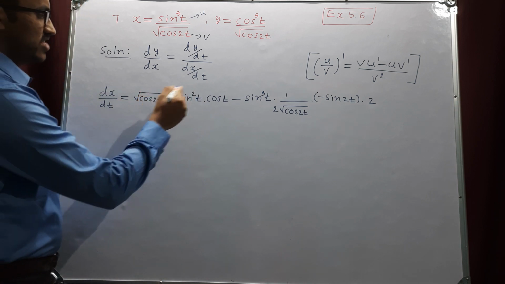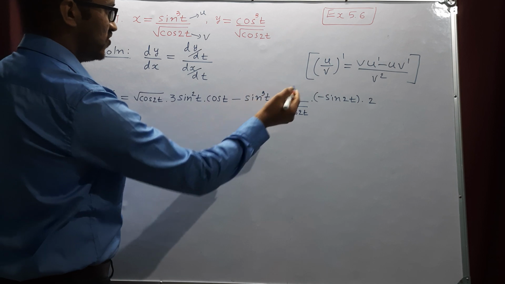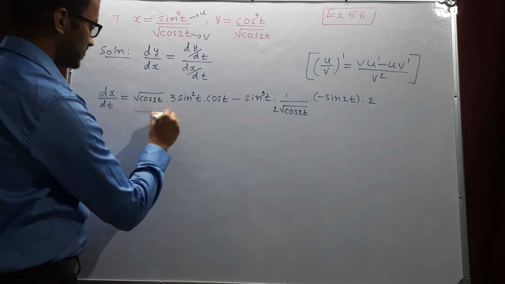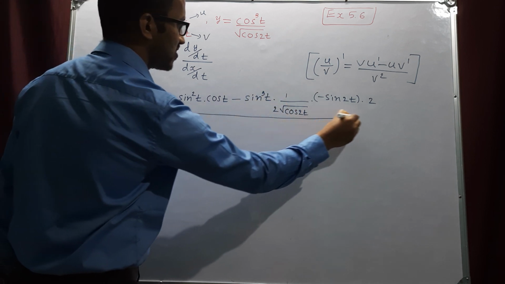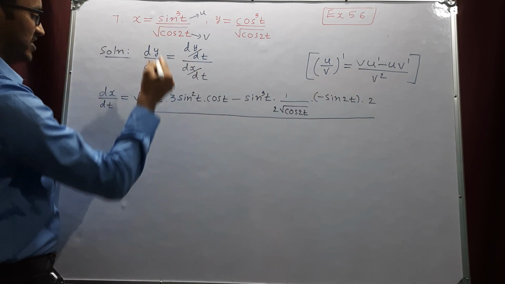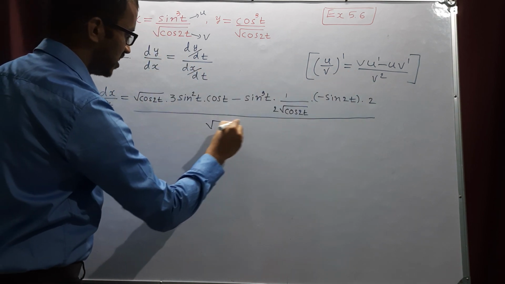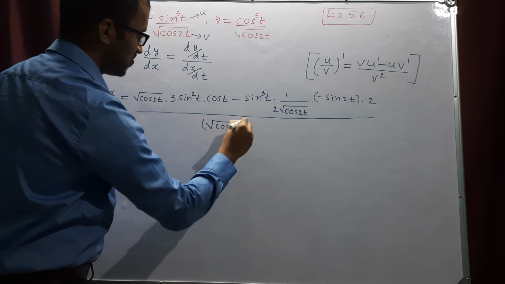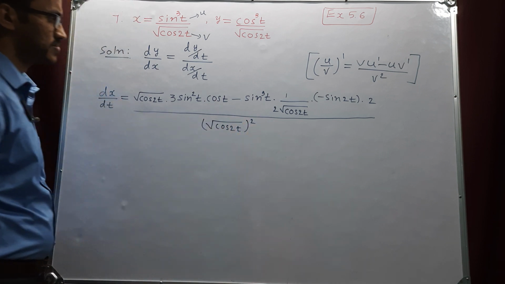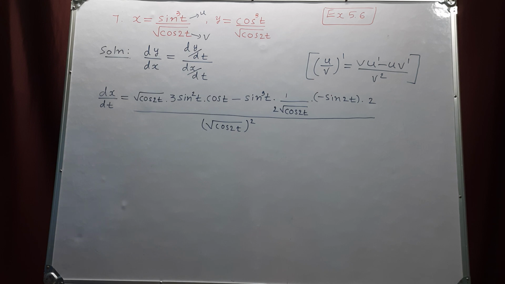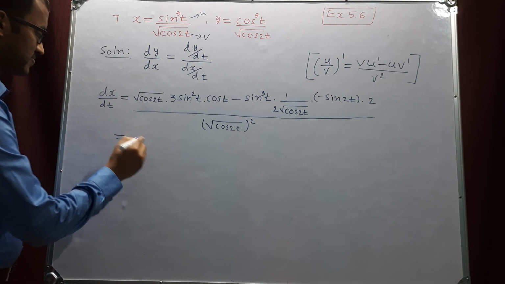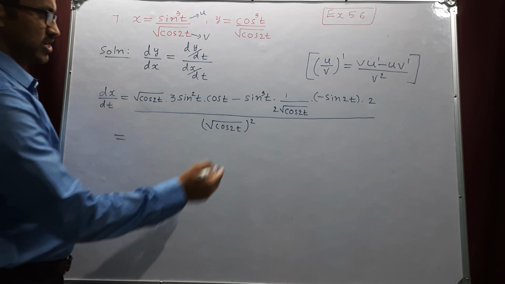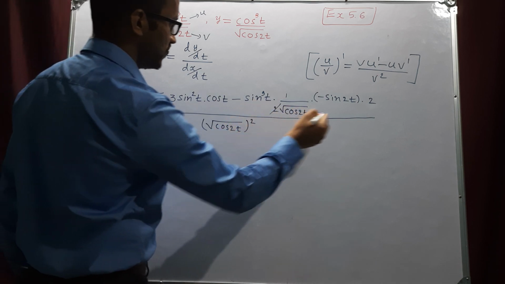So that is v into u dash minus u into v dash, whole divided by v square. v square means root of cos 2t whole square. If we simplify this, here we can cancel 2.